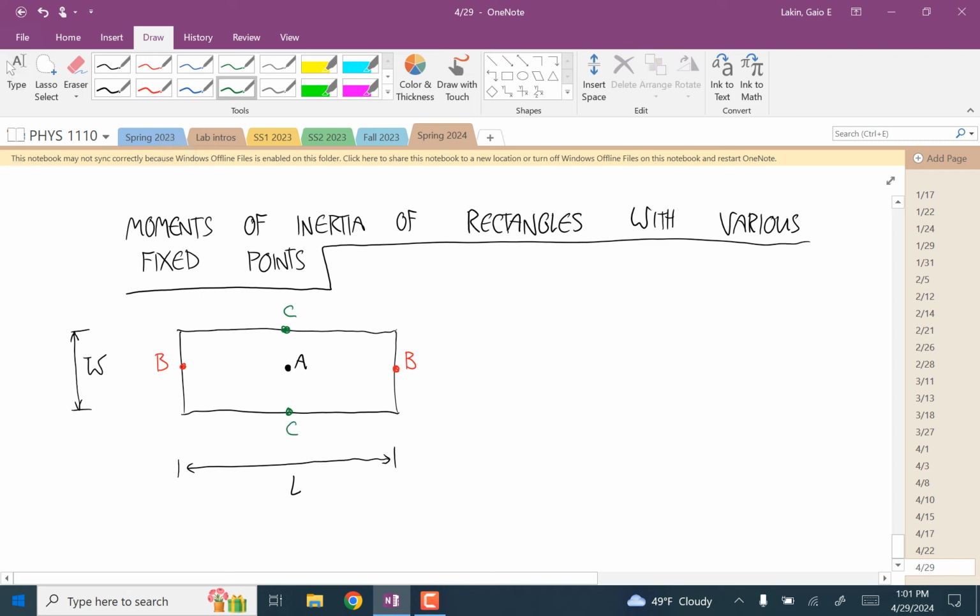And then there are four equivalent ones at the four corners. And the formulas are like this. If the fixed point is at the center, the formula is 1/12 times the mass of the body times the quantity length squared plus width squared.